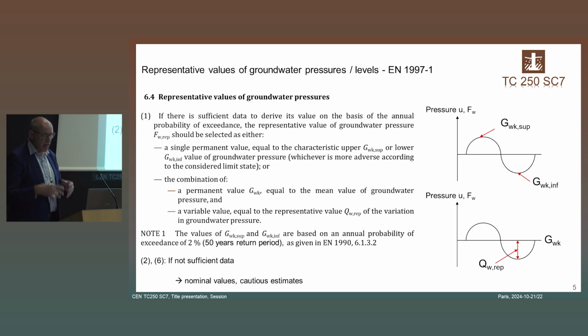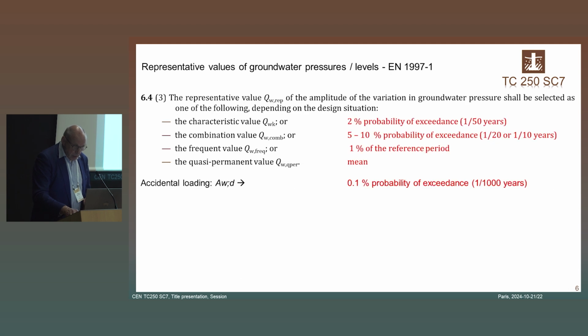That's the definition. And if you have lots of groundwater measurement data, you use this procedure. If you don't have much data, then you have to choose it, and then we call it nominal values, and those are the cautious estimates. And when we look at the representative values of the amplitude, according also to EN 1990, we can distinguish a characteristic value, which has, just like the permanent one in the previous slide, a 2% probability of exceedance.